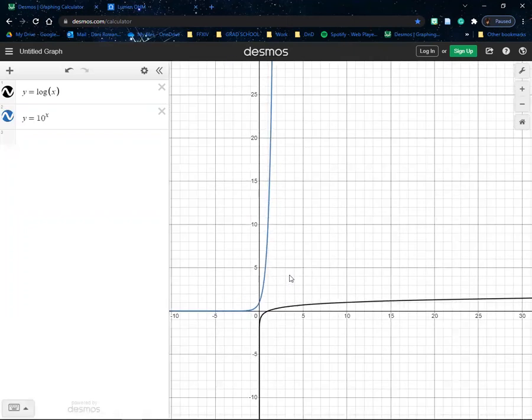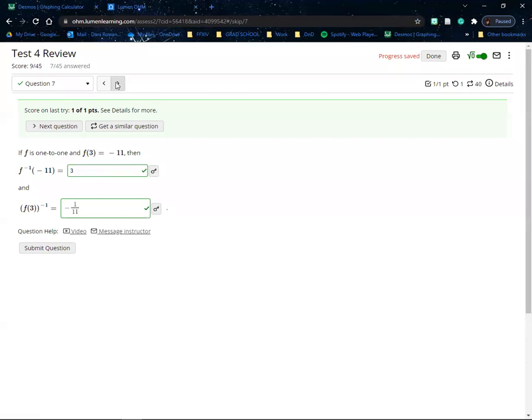Okay, if I was doing this, and I looked at that point, that's 1, 0, that's 0, 1. This is, if I can find it, 10, 1. This is 1, 10. Okay, so they're switched.